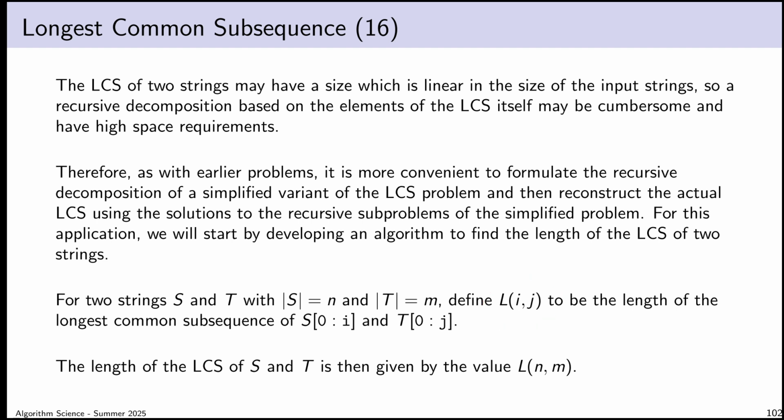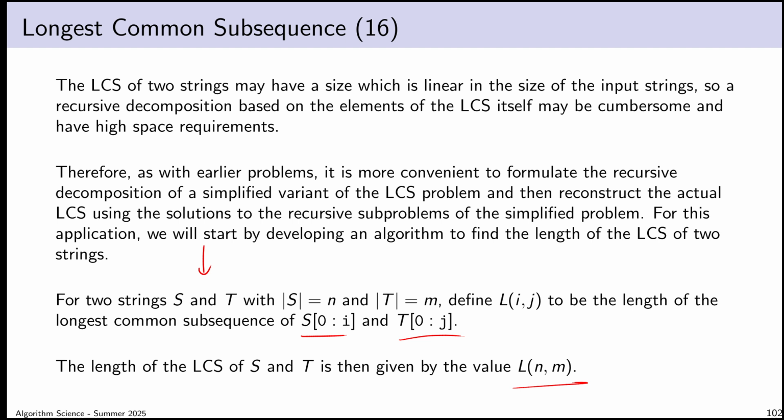And the function L of ij evaluates to an integer value, which is the length of the longest common subsequence of the first i characters of S and the first j characters of T. Because it's just the length, I know that I could make a table of values of L that's just an integer array, not some weird array of strings that could have a size that balloons out of control. Now, if I want to know the length of the longest common subsequence of my entire strings S and T, that would be the value L of NM, where N is the length of S and M is the length of T.